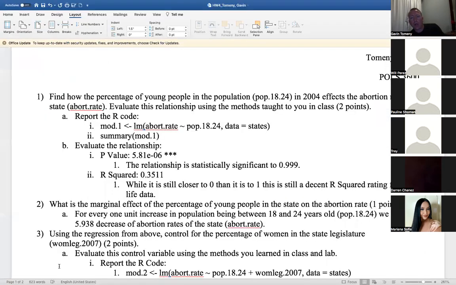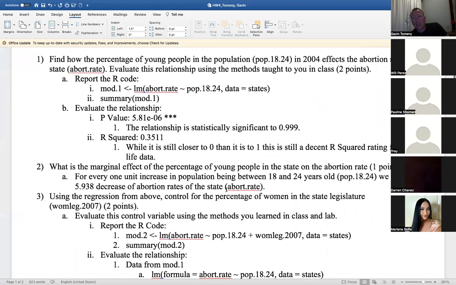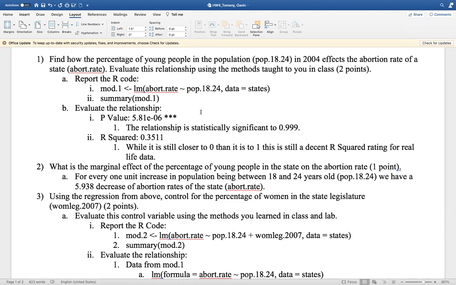But as you said before, when you're using real world data, a 0.35 is actually decently significant. For mine, what I wrote is that while it's still closer to 0 than it is to 1, this is still a decent R-squared weighting for real life data. So basically I evaluated it saying that this relationship is significant because of these two things. Are there any questions on that?